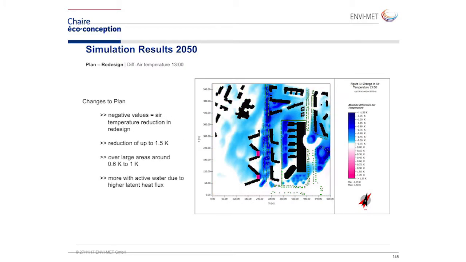So if we go one slide further, this is again the difference, because we cannot keep both pictures in mind at the same time. But you see here what we could achieve in terms of air temperature with our new plan.